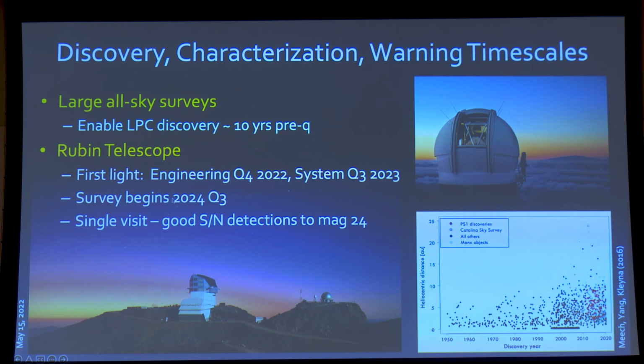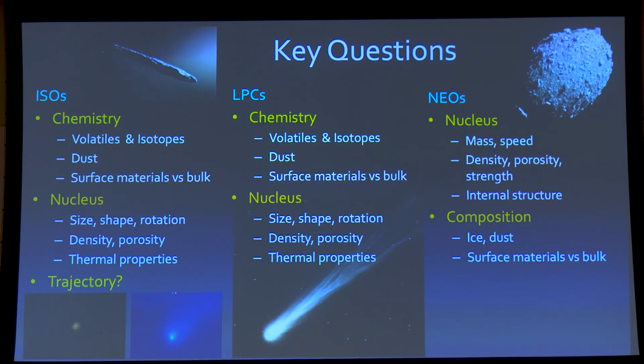In a single 15-second visit, they're predicting they'll get down to about magnitude 24. For reference, for something 1 AU from the Earth and the Sun, this would be a 50-meter object if it were really dark, or a 25-meter object if it was brighter. So I think we're going to start to see a lot of things, and bigger things farther from the sun, giving us more lead time.